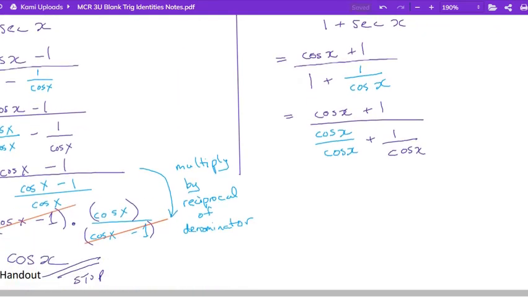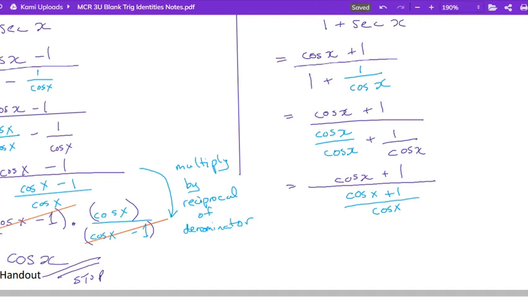Okay, so we see that this is similar. Okay, let's add up the denominator. Again, leaving the numerator just sitting there. The denominator becomes cos x plus 1 over cos x.